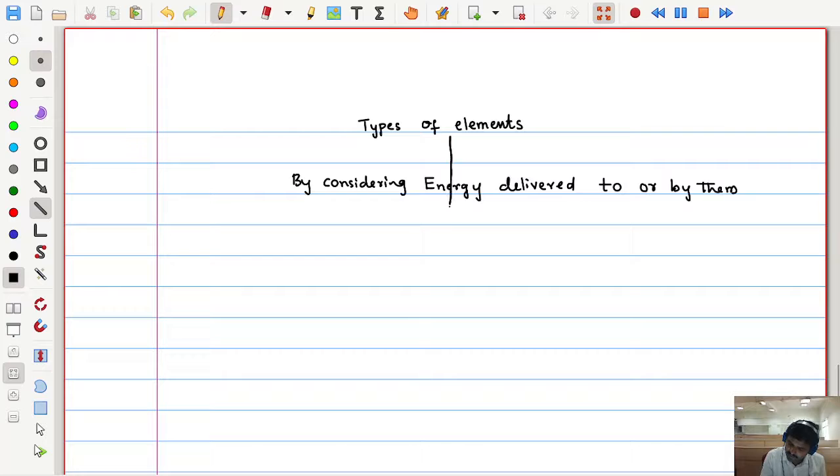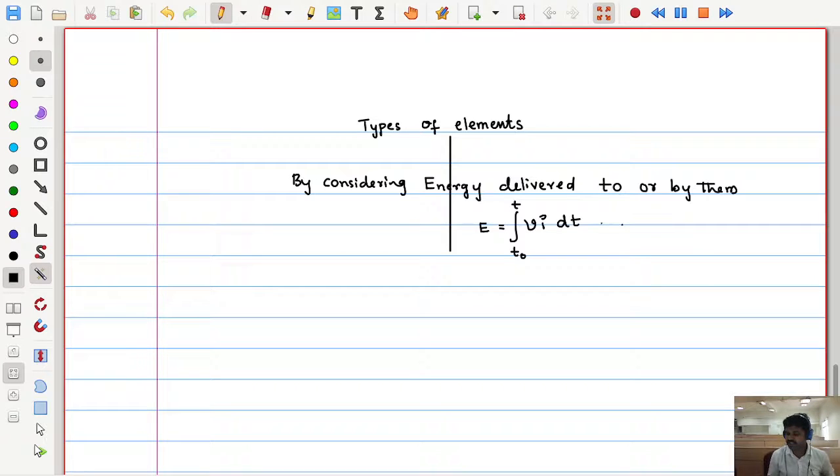Let me tell you that this energy is the integral of v i dt, that is what the integral of power is, the energy over the time interval t naught to t, this is what the energy E or W. Now if this energy is delivered to it, I will put this just after some time.